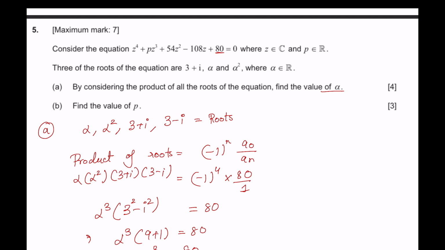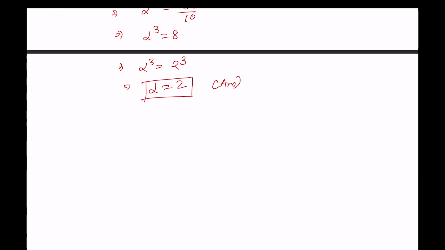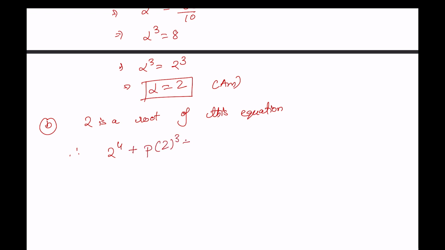Basically, alpha is the root of this equation. So I can directly plug in alpha in this equation and solve for p. So 2 is the root of this equation. Therefore, plugging in alpha instead of z, p times 2 cube minus 54 times 2 square minus 108 times 2 plus 80.